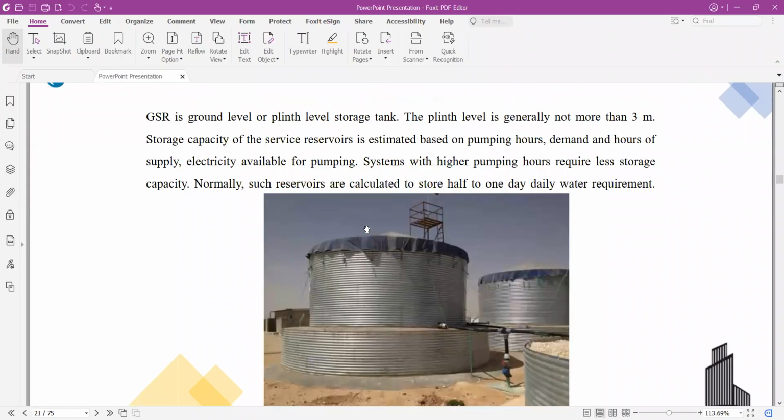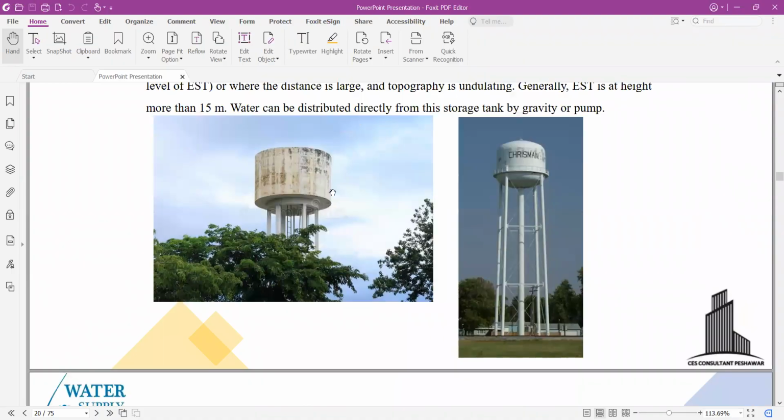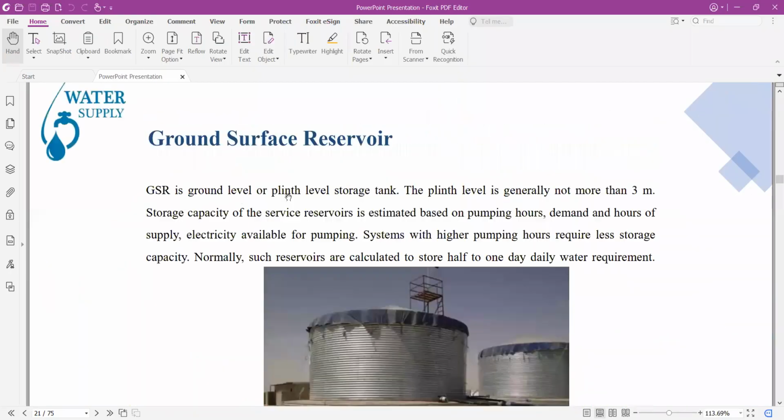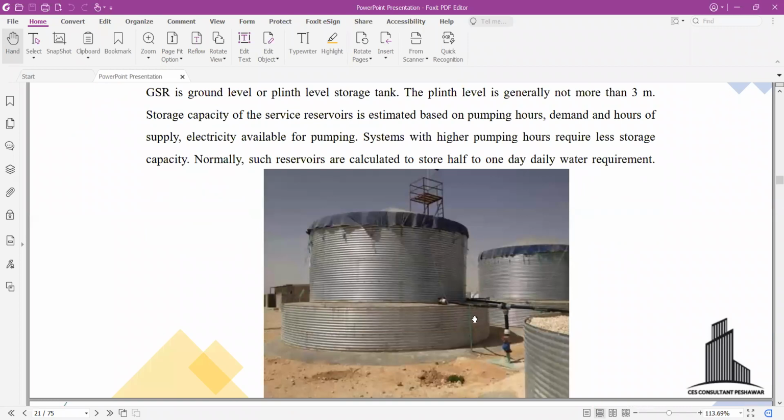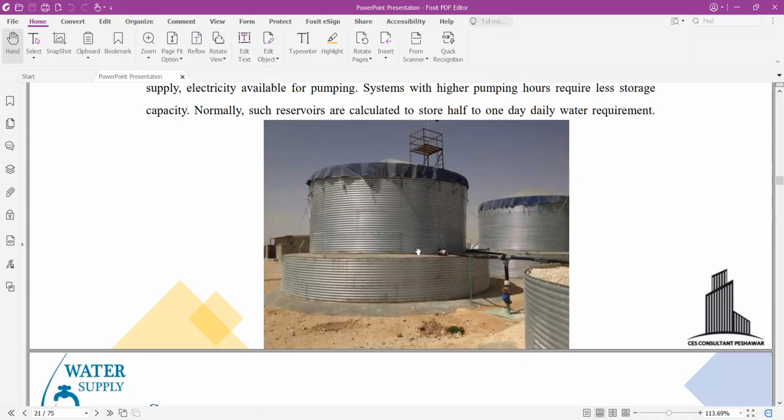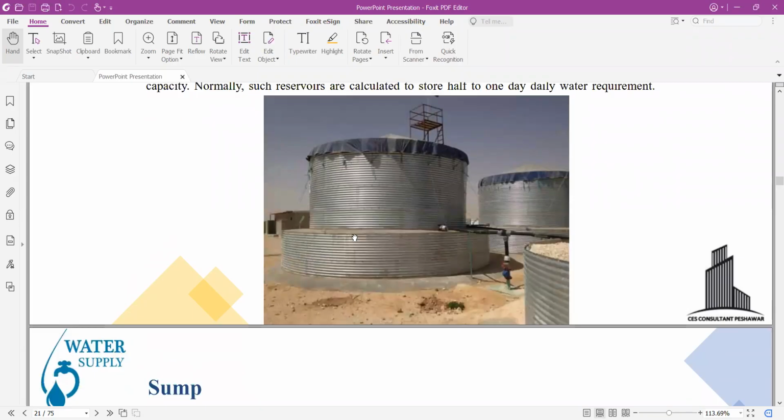So basically, the difference between these two is that the elevated storage tank is provided to give a head at different junctions, and these surface reservoirs are mostly provided not just to fulfill the head at different junctions, because the head can be fulfilled at different junctions by just connecting the pumps to these tanks, or the taps can also be connected directly to these tanks to carry the water from them.